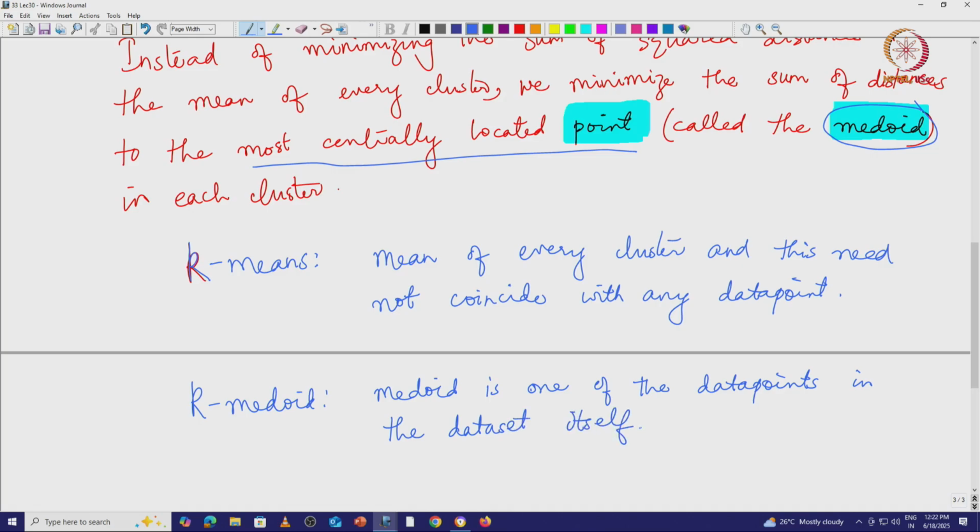So in some sense you are giving more physical importance to the actual data points themselves than to say that you will consider the mean of every cluster.